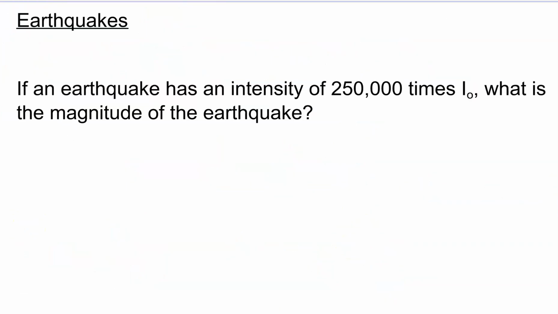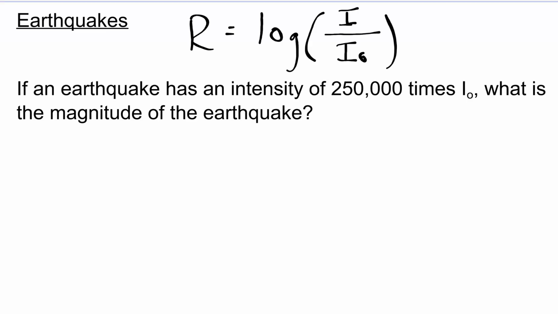So here's our first question. If an earthquake has an intensity of 250,000 times I naught, what is the magnitude of the earthquake? I'm going to rewrite my formula up here. In this one, I'm given the intensity, and I am trying to find the magnitude. So I'm going to put this in, that many times I naught.